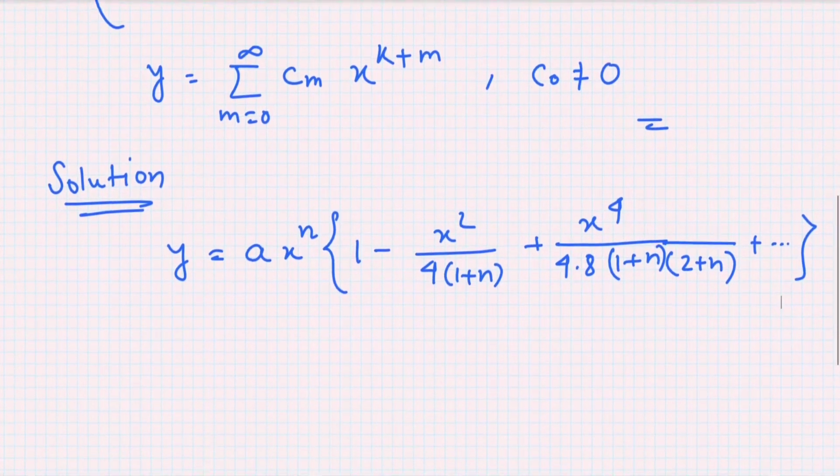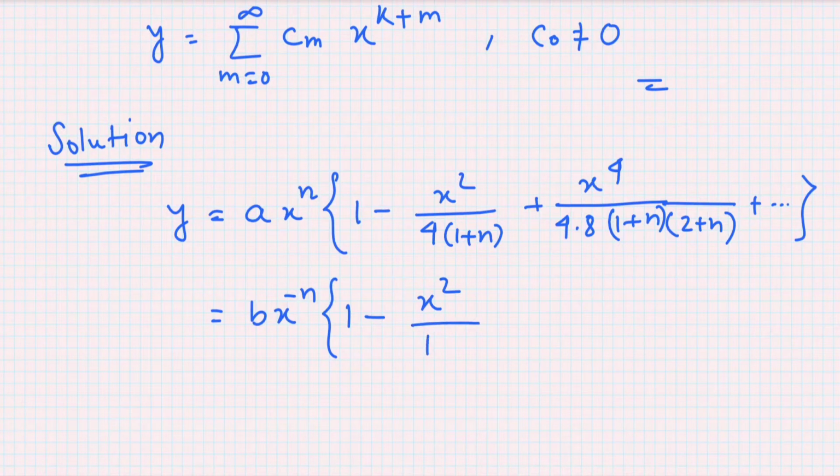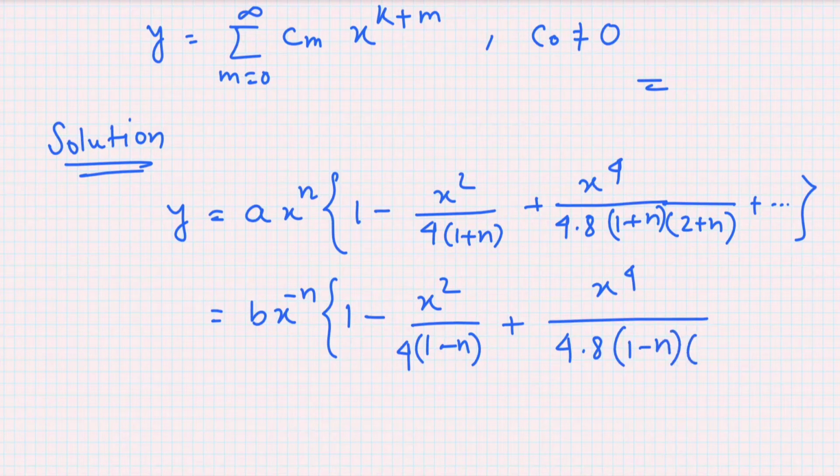And if we take the other root, we get another solution. We can also write y equal to b into x power minus n into the series 1 minus x square by 4 into (1 minus n) plus x to the power 4 by 4 into 8 into (1 minus n) into (2 minus n), and so on; that is, we replace n by minus n.